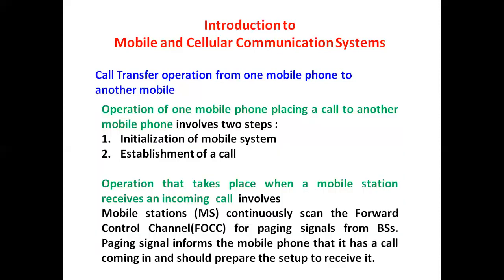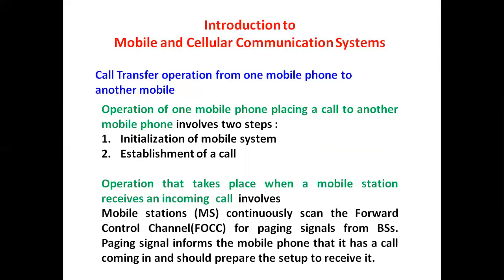Operation of one mobile phone placing a call to another mobile phone involves two steps. First, initialization of the mobile system. Second, establishment of a call. In the operation that takes place when a mobile station receives an incoming call, mobile stations continuously scan the forward control channel for paging signals from base stations.